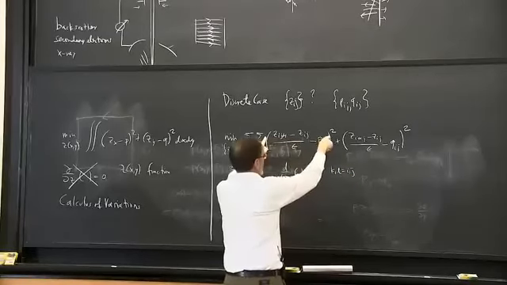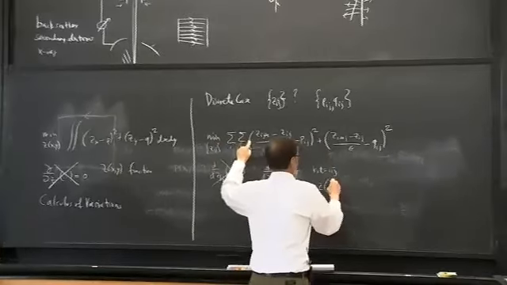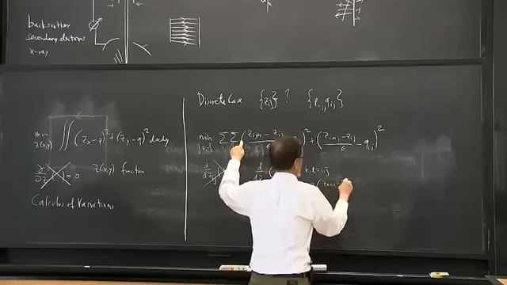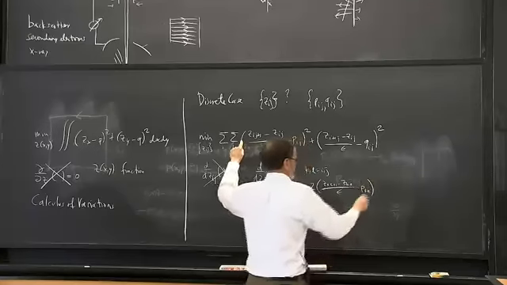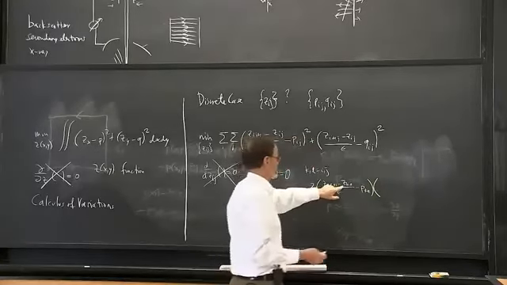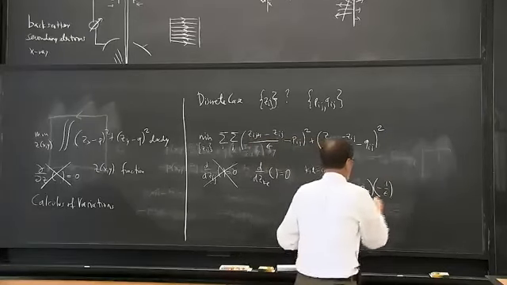So there's a square. So differentiate that, we get 2 times that times the derivative of the thing inside with respect to zkl, which is going to be minus 1 over epsilon.